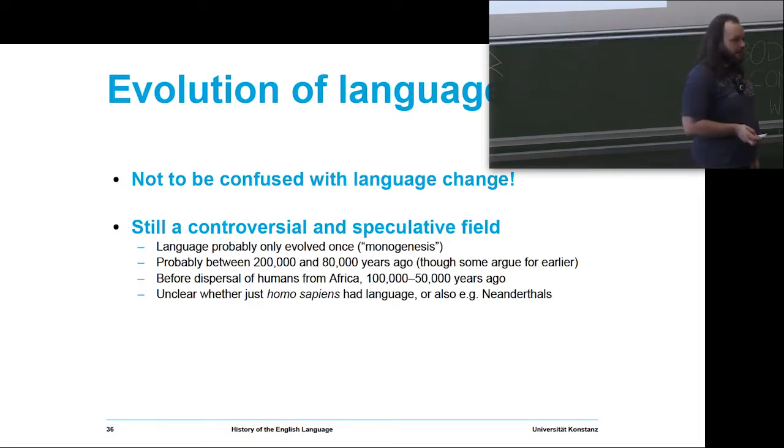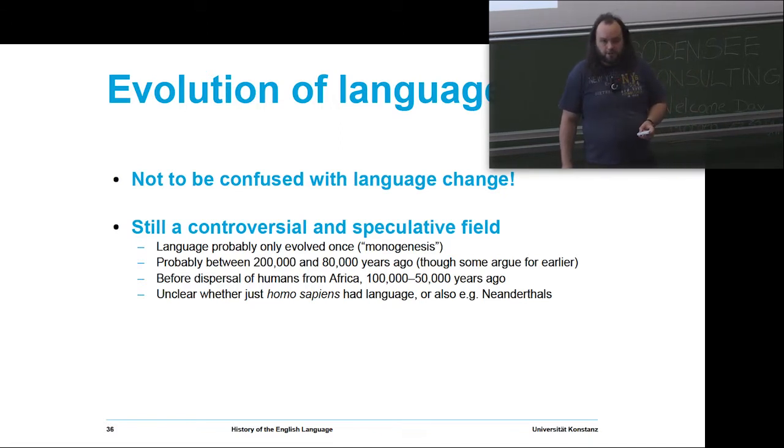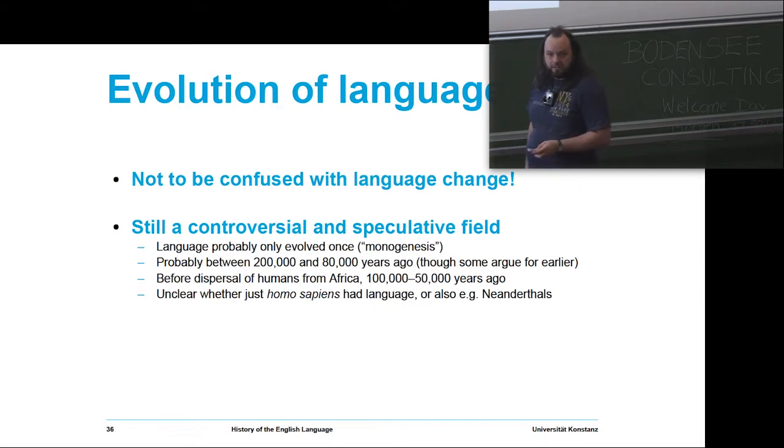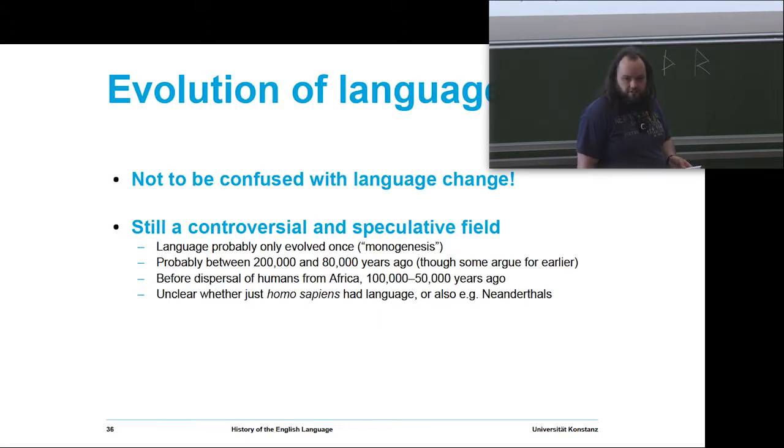So there's currently a debate about whether the Neanderthals, who are related to Homo sapiens but not the ancestors of Homo sapiens, whether they also had language or not, whether they had something that can be called language or not. That's a very hotly debated question. This whole field has a lot of very hotly debated questions. Some of it is quite speculative. There are modern methods that start to shed light on this kind of question in a more interesting way, but it still remains a little bit of a minefield.